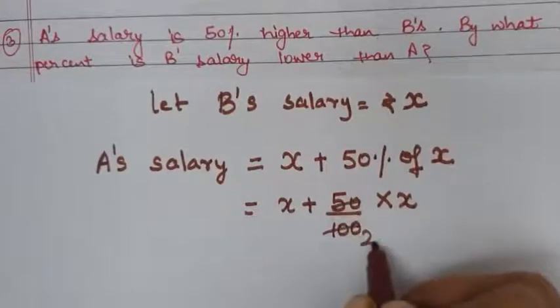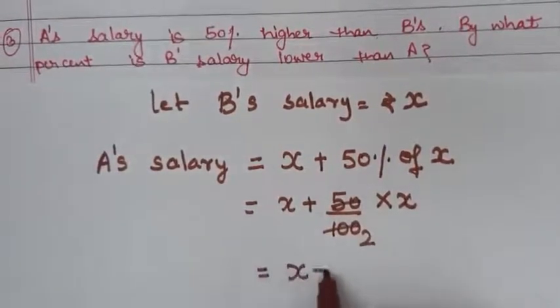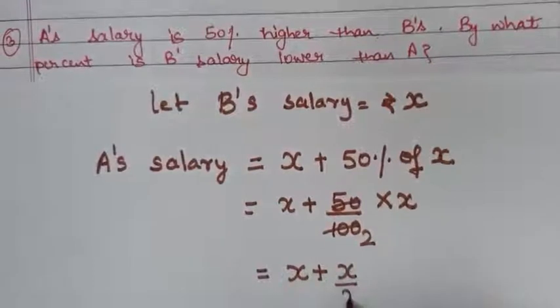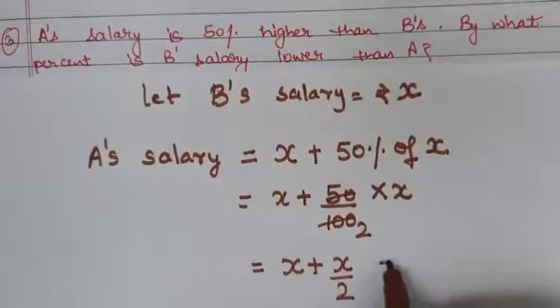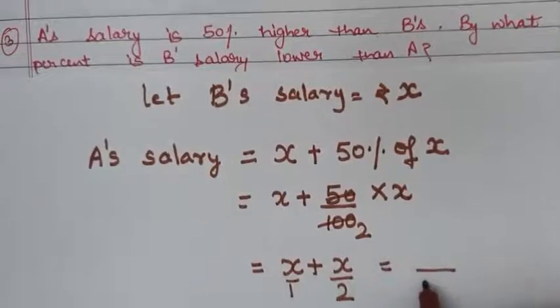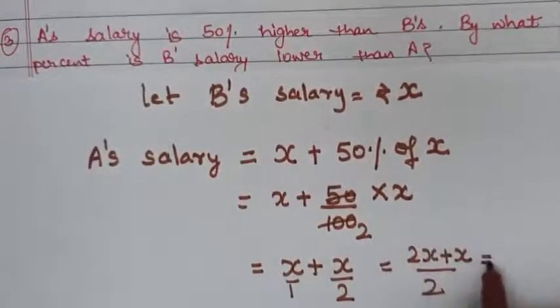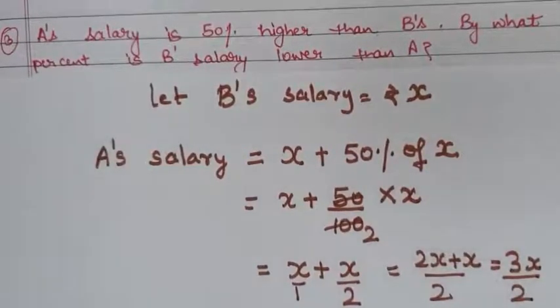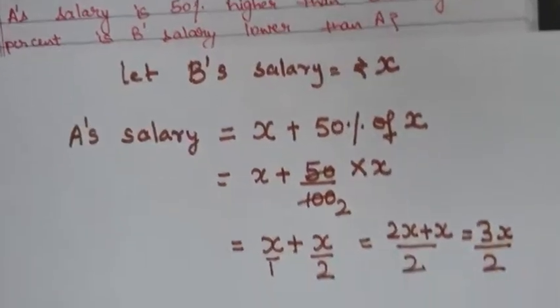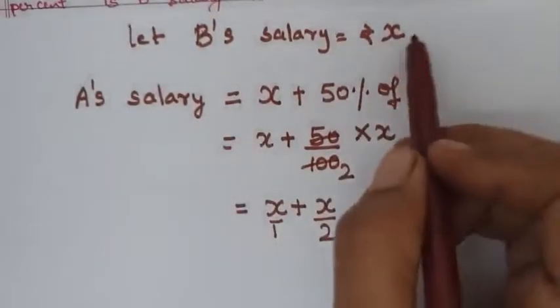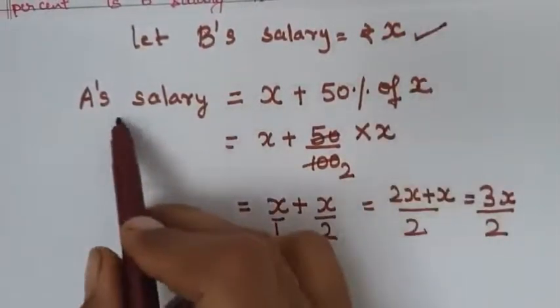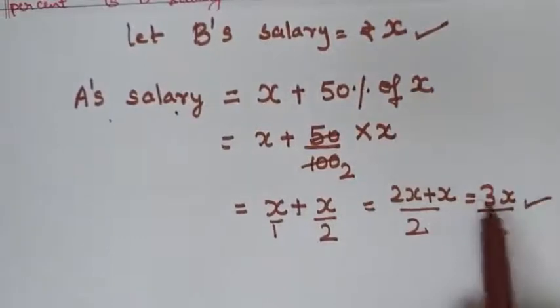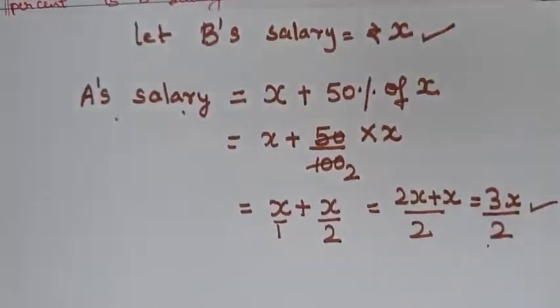2 5s are 100. X plus X upon 2. So what we get? 2x plus x, that is 3x upon 2. Clear? It means now we have B's salary rupees X and A's salary is 3x upon 2 rupees.